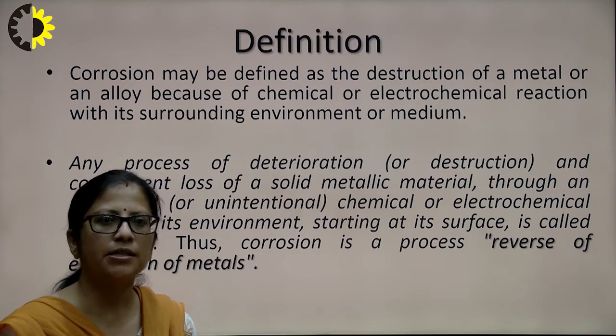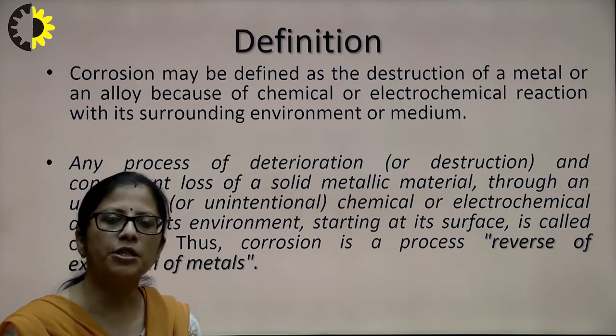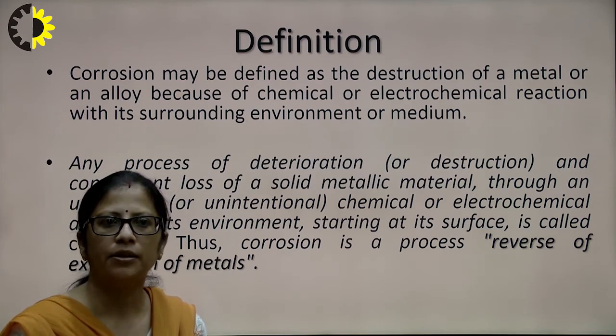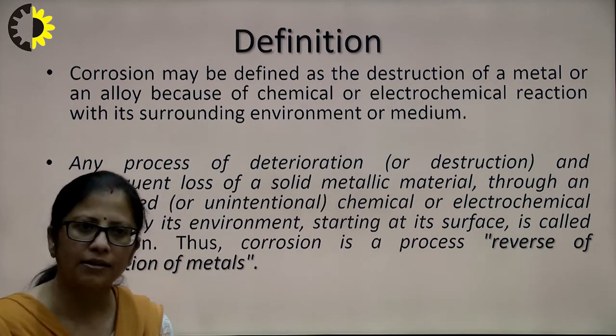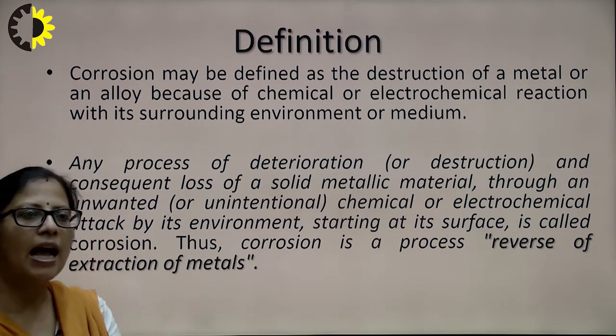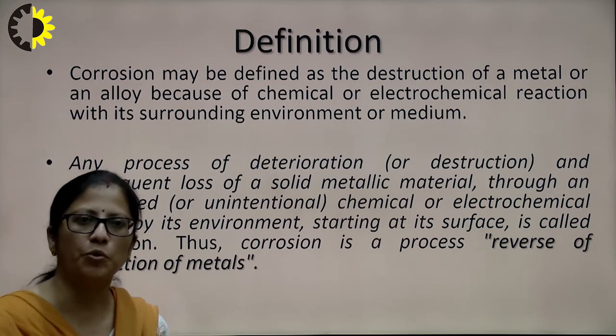This is a deterioration process, and there is consequently loss of solid metallic material through an unwanted chemical or electrochemical attack by its environment, starting at its surface, and this process is known as corrosion.